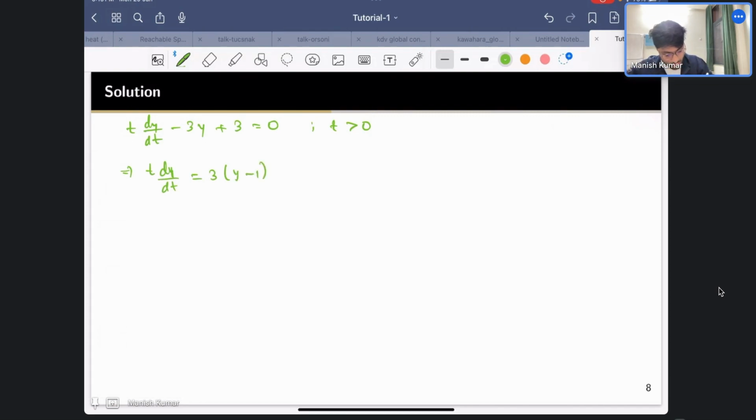Now I can take the y term here, so dy by y minus 1 is equal to 3 dt upon t.